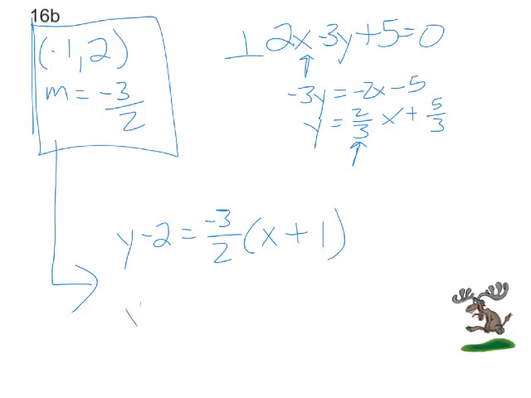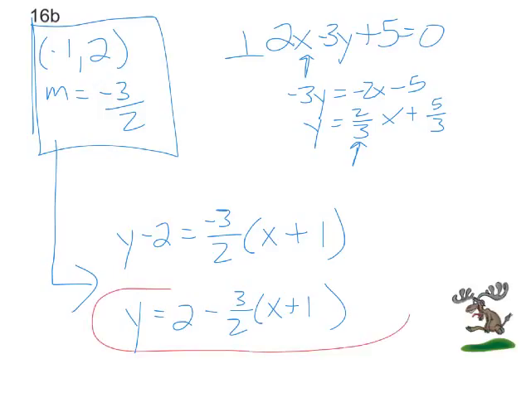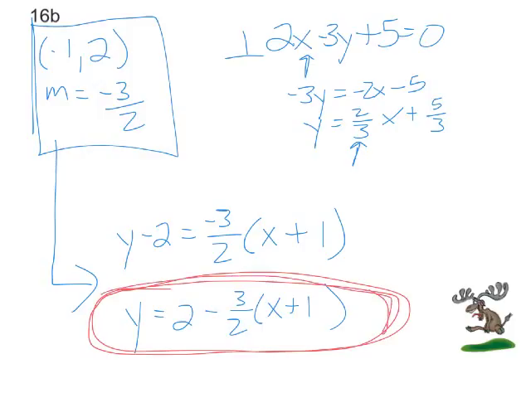Or if we did it in Taylor form, 2 minus 3/2 times x plus 1. And Taylor form is really nice for the people who are going on to Calculus BC, and it has application to one of the skills that we'll learn in Calculus AB.